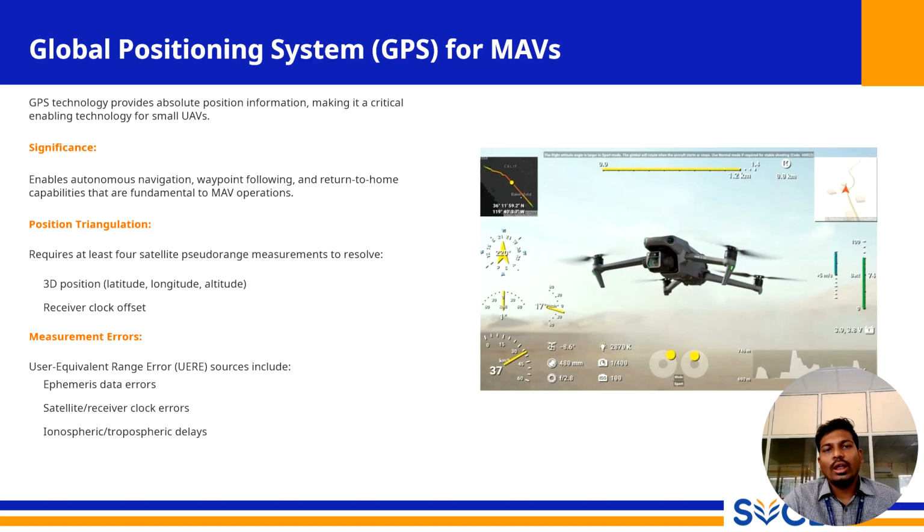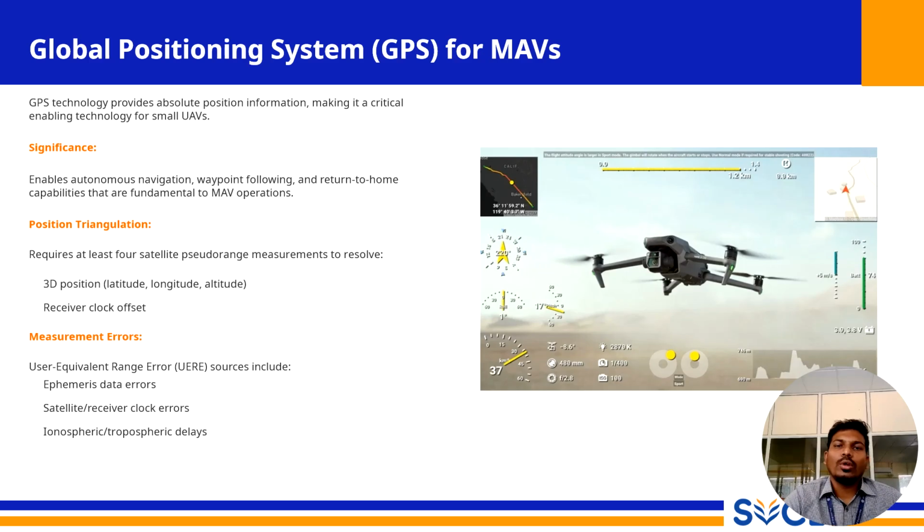GPS is what enables autonomous navigation, waypoint following, and return-to-home capability that are fundamental to MAV operation. This ability to create a flight plan on a map and have the drone execute it is a direct result of having a reliable GPS receiver on board.